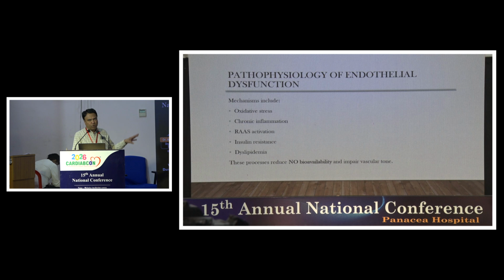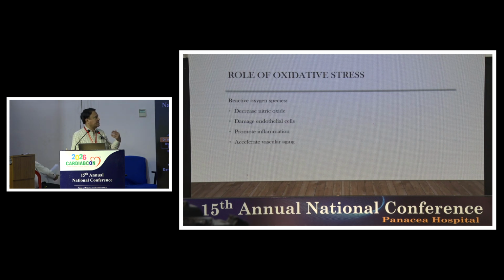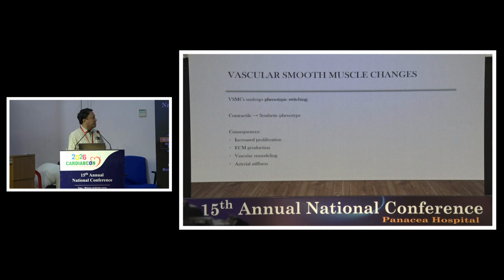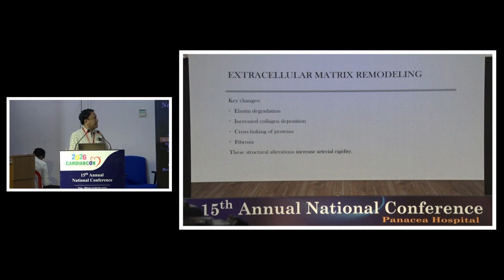All this interferes with endothelial function, and endothelial dysfunction is ultimately responsible for arterial stiffness because it interferes with vascular remodeling. In the vascular smooth muscle, endothelial dysfunction causes phenotypic switching from contractile to increased proliferation, more extracellular matrix production, and vascular remodeling, which ultimately leads to arterial stiffness.